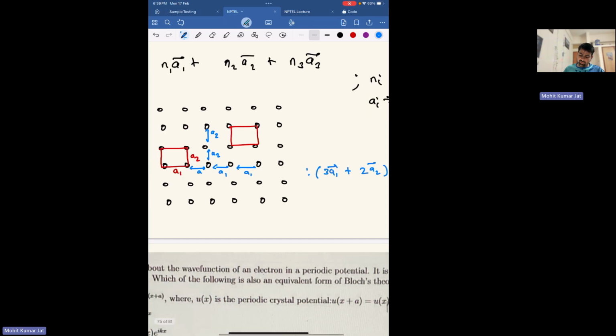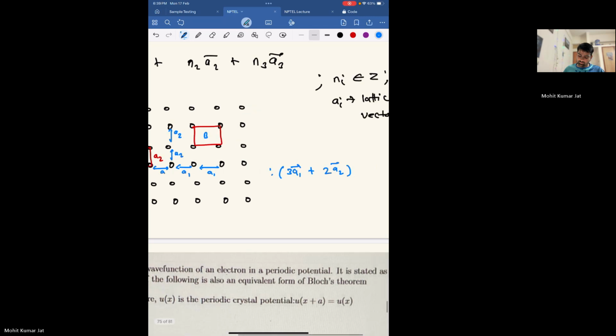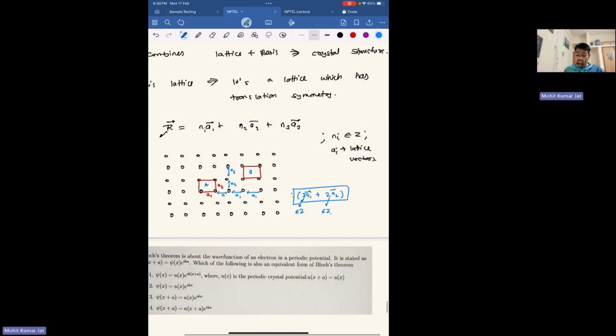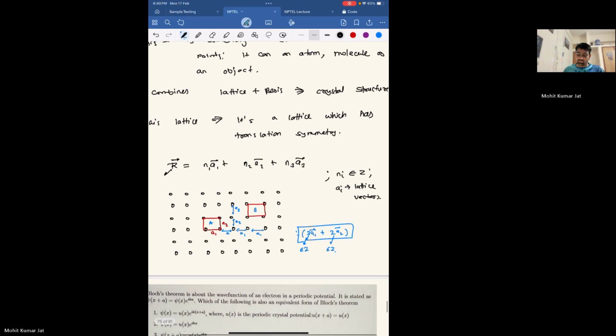You will generate the similar structure, so A and B will be equivalent if you translate by integer numbers. That means it's a Bravais lattice.